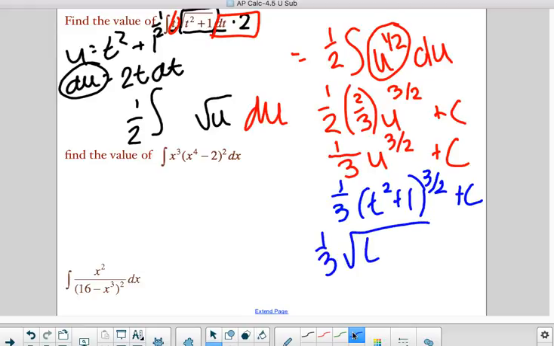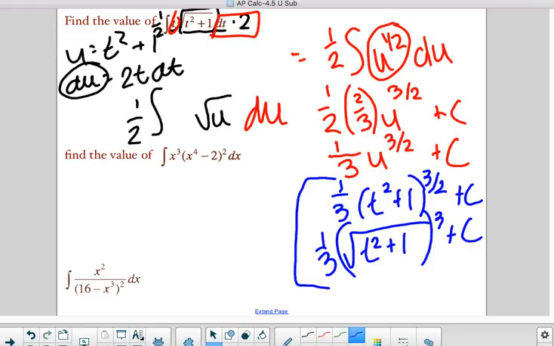The bottom one is the type of root, and then it's to the 3rd power. So just know that those are equivalent forms. So as you're checking answers, you might have an equivalent form just written in a different way. That 3rd power could also go inside under the root as long as you have parentheses around that t squared plus 1. So what we're doing is we're forcing a u substitution so we can find the integral because you can't integrate if it's a product.